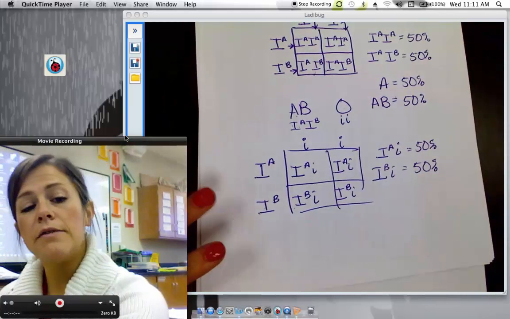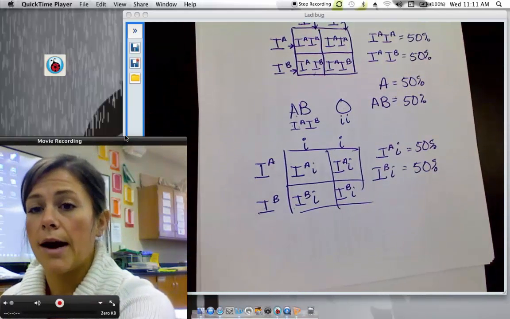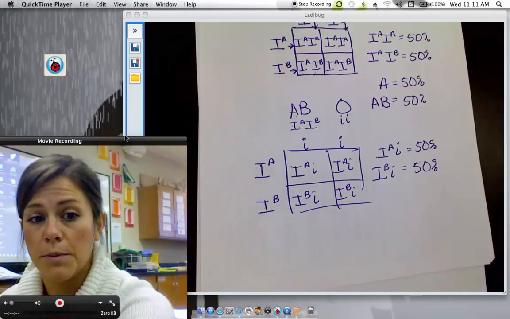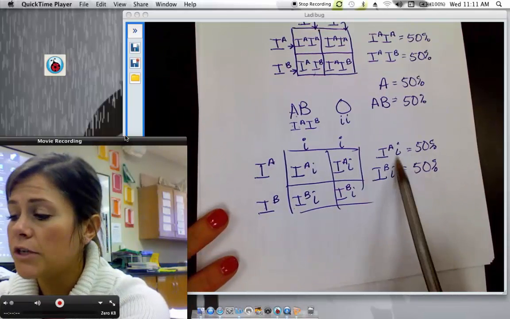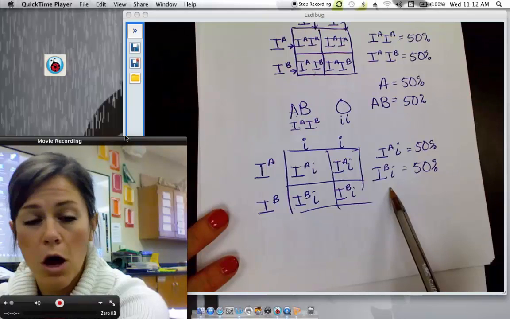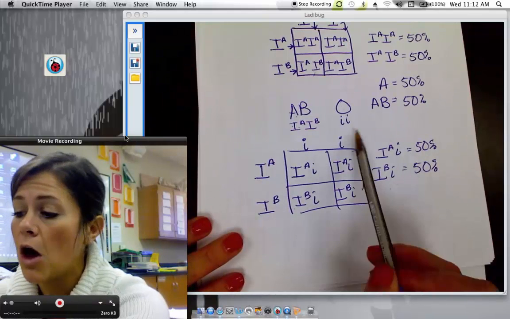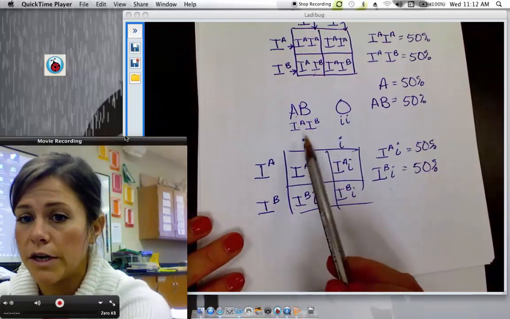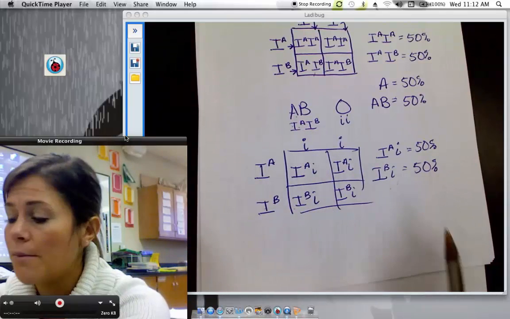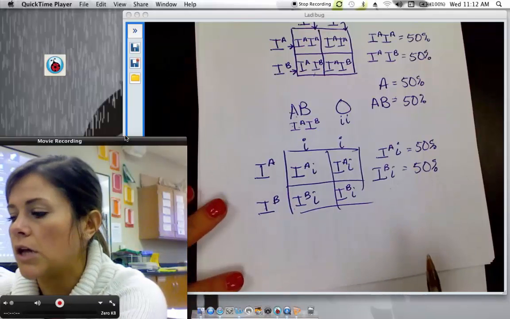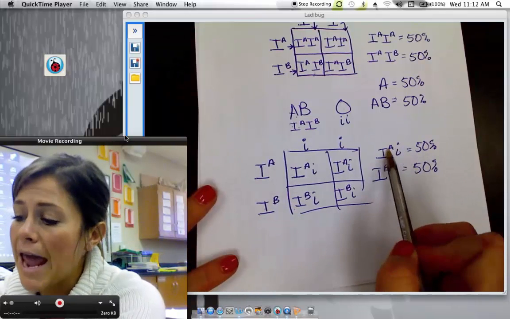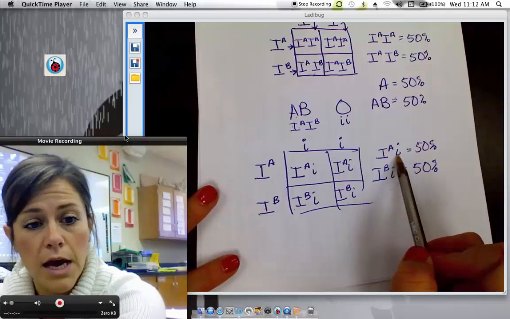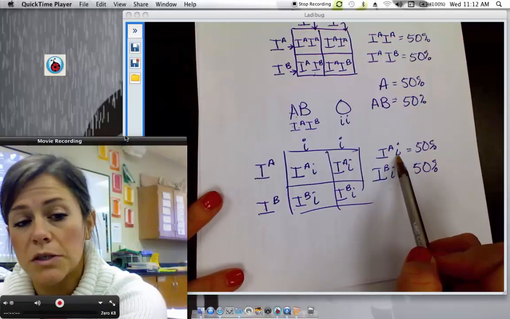So now we have to go ahead and take a look at what our phenotypes are going to be. So if you remember, none of these children are going to be O, and the reason why is the O allele is recessive compared to the dominant I alleles over here. So it's going to be masked, however, it will still be passed down into the offspring. So the A will mask the O allele, and so that's why we are going to express this as an A.